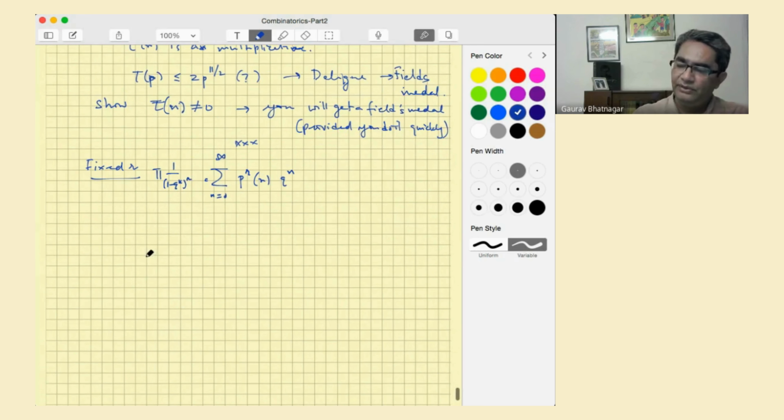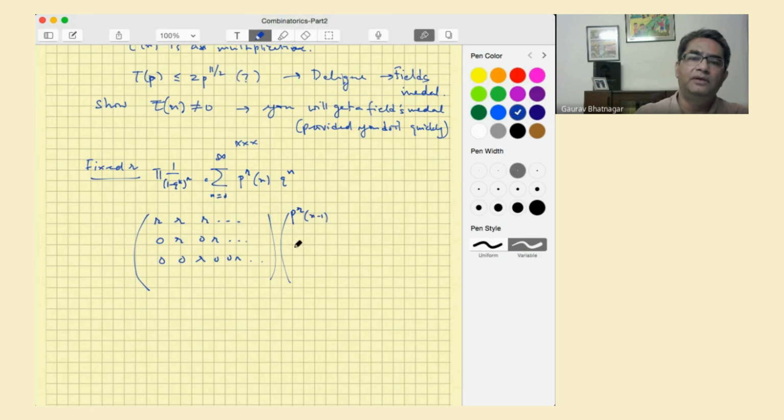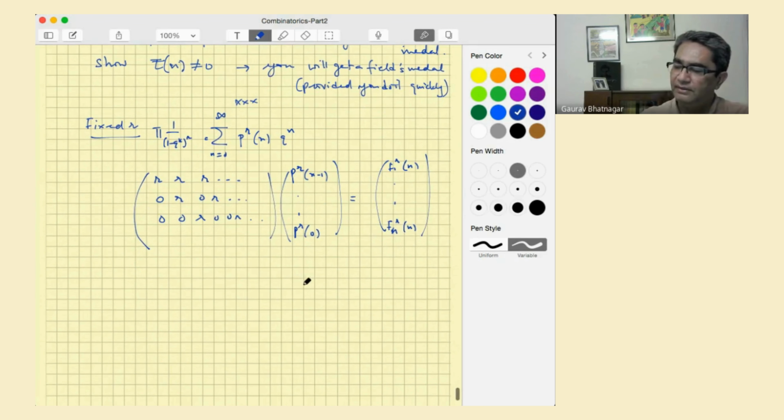Okay, and we know that this is a matrix equation, with P_r(n), P_r(n minus 1) and so on up till P_r(0), and whatever this function is, F_1r(n) up to F_nr(n). So this is the standard equation.